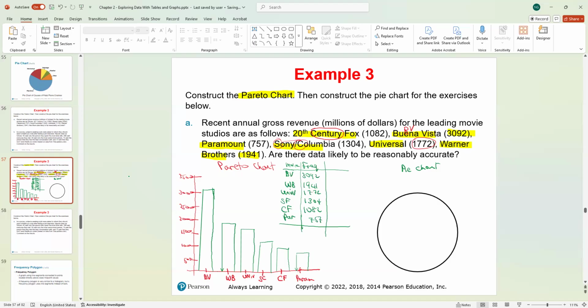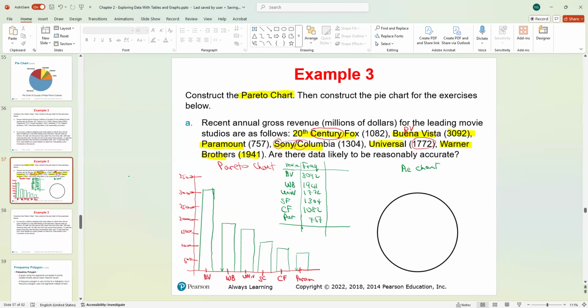If you do it manually, first of all you need to make sure you add up everything. That's the first step. You need to add all of them. Let me grab a calculator because I didn't do it before. 3092 plus 1941 plus 1772 plus 1304, right?